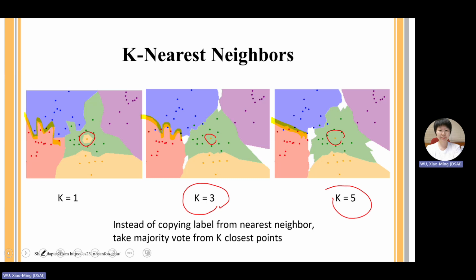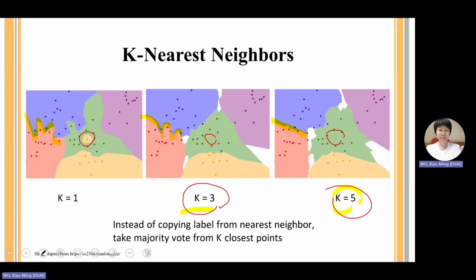The decision boundary changes from a complicated boundary to a simpler and smoother boundary, because when you use larger K, it brings the effect of smoothing due to the majority voting.